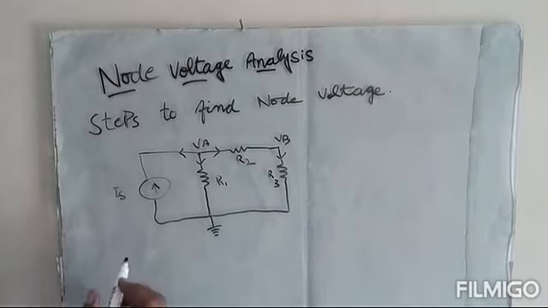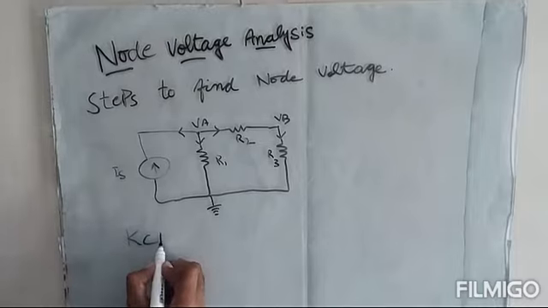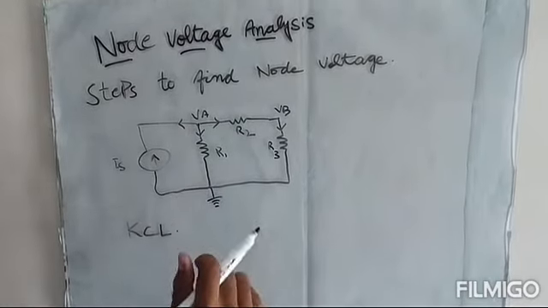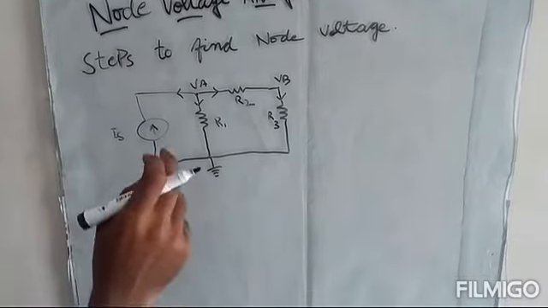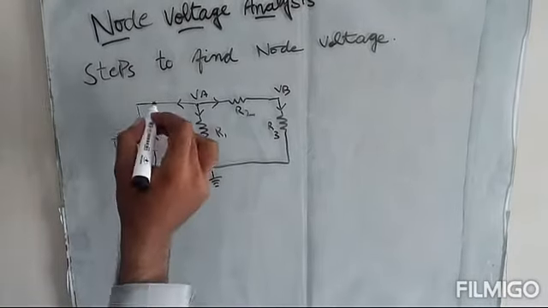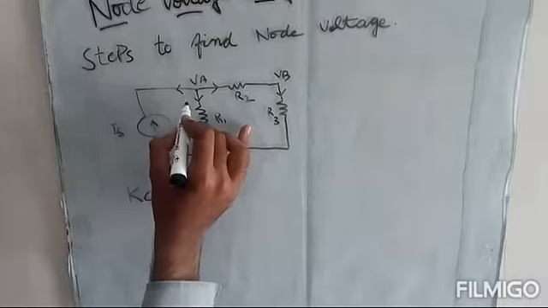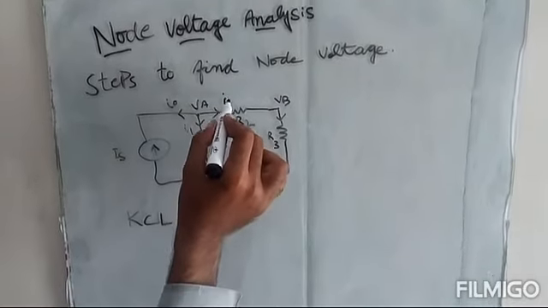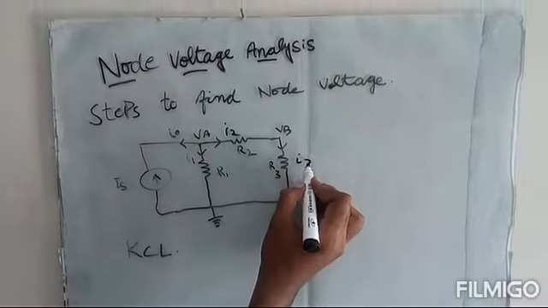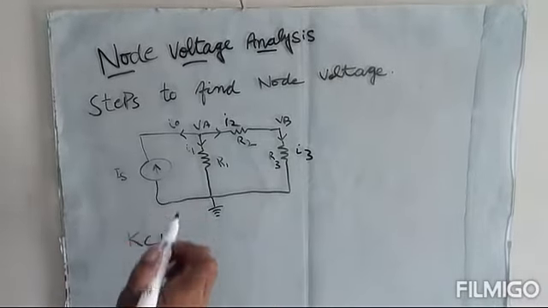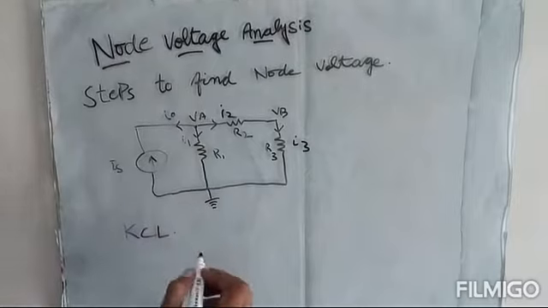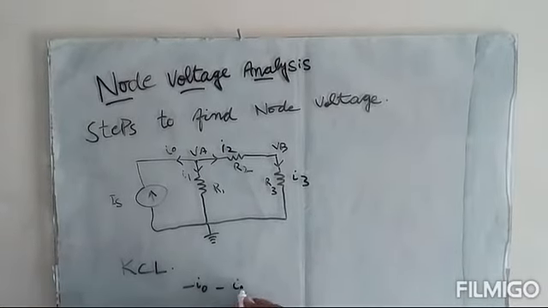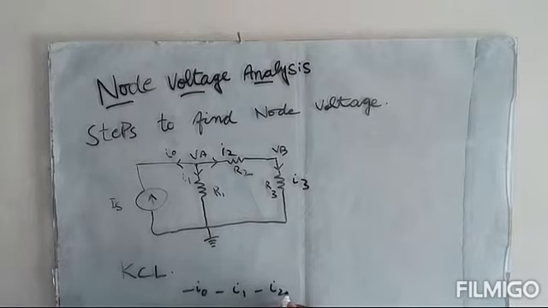First of all, we will use KCL. We will apply KCL at these nodes and we will write the KCL equation for these nodes. Let's consider this is current I1, this is I0, and this is I2, and this is I3. So all the three currents are leaving from these nodes, so we will consider them as negative: minus I0, minus I1, minus I2.